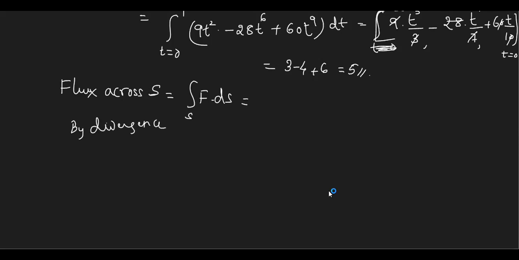F dot ds converts to a volume integral of the divergence of F. Am I right? So let us find divergence of F. I'll give you 1 minute. Tell me divergence of F. Calculate and tell fast.